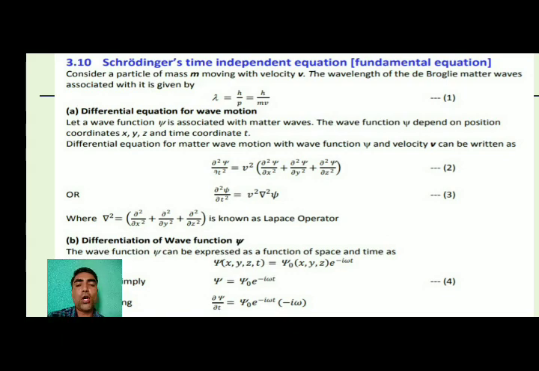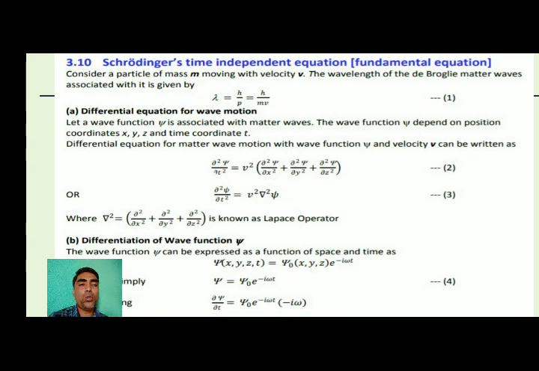So the form of the general wave equation is: del squared by del t squared of psi equals v squared times del squared by del x squared of psi plus del squared by del y squared of psi plus del squared by del z squared of psi. Or the same can be expressed as del squared by del t squared of psi equals v squared times del square psi.